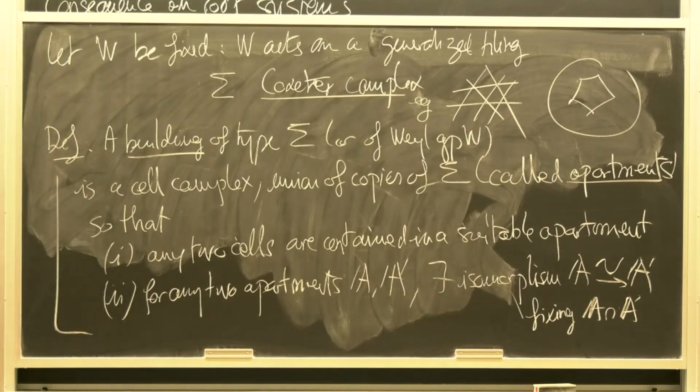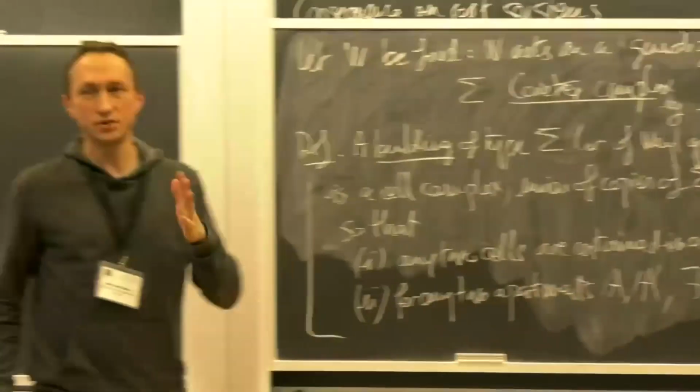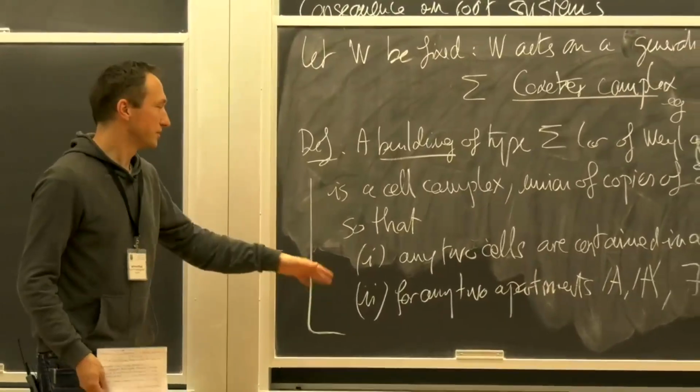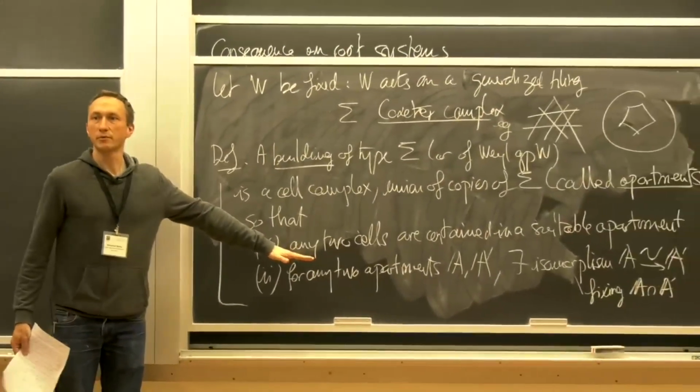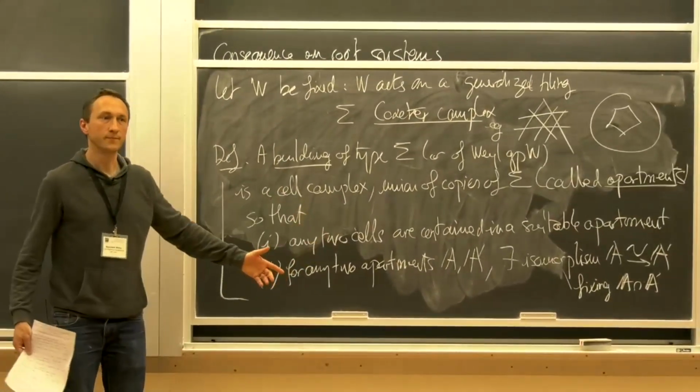Okay, so this is the only list of axioms I chose to write down today. It's a bit hard to swallow in some sense, but let me sell the axioms this way. I want to do geometric group theory. This is cheating, this is not the original motivation, but still. I want a metric on my space.